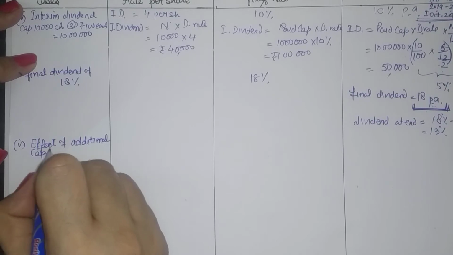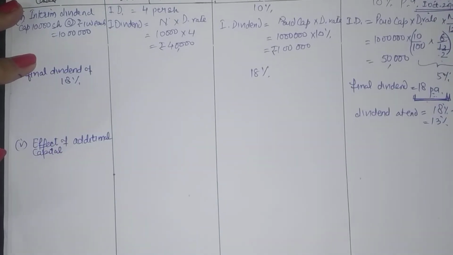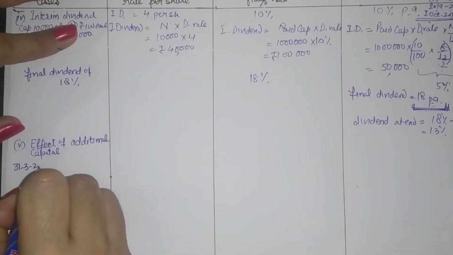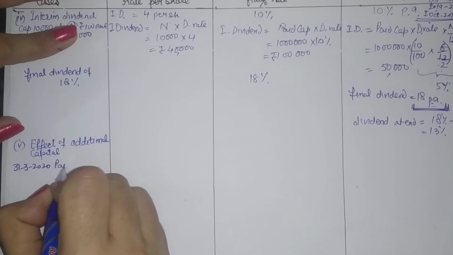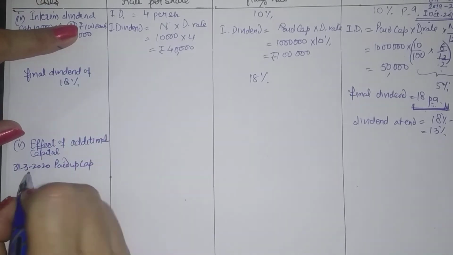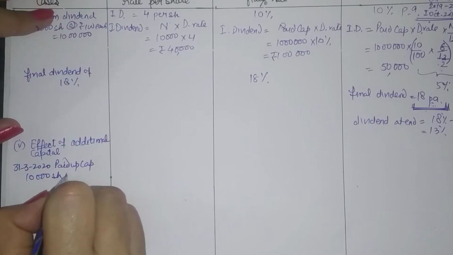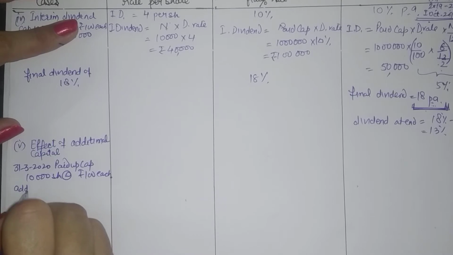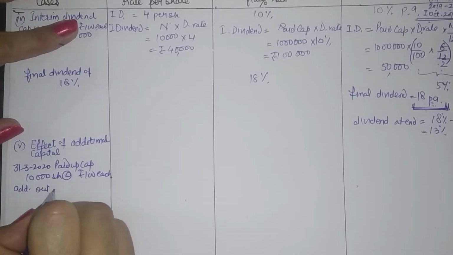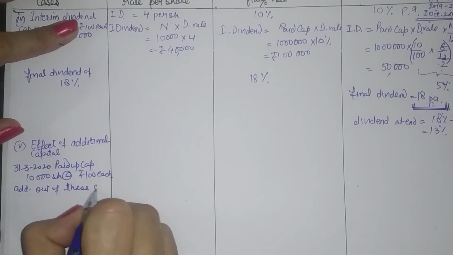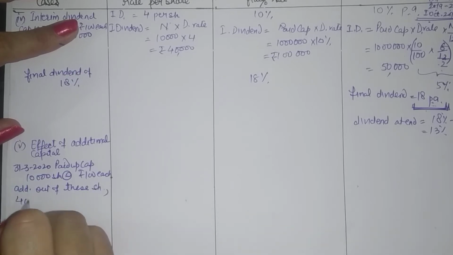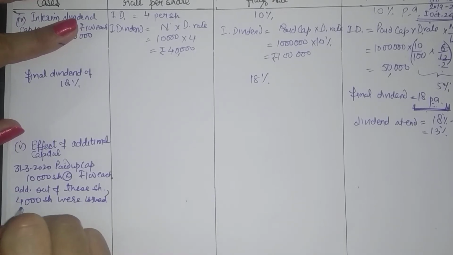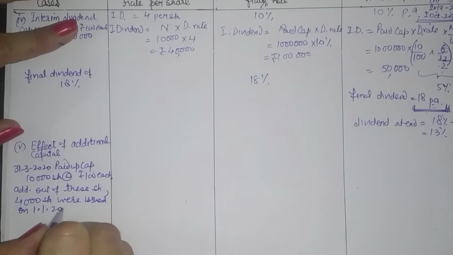Now suppose we are given that the company on 31st of March 2020 is having paid up capital of, we are continuing with the same 10,000 shares of 100 rupees each. Additional information says that out of these shares, 4,000 shares were issued on 1st January 2020.